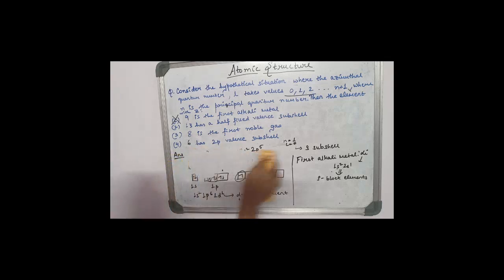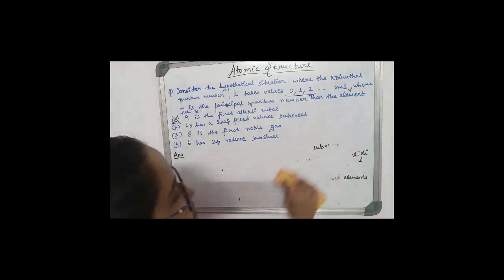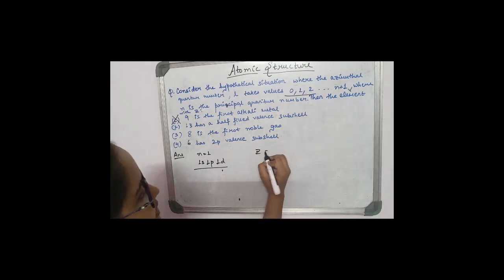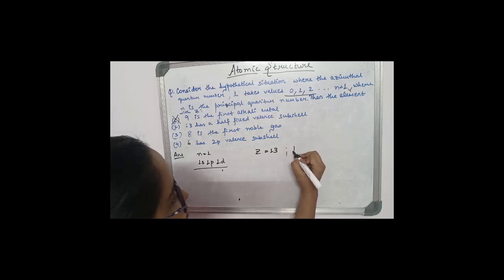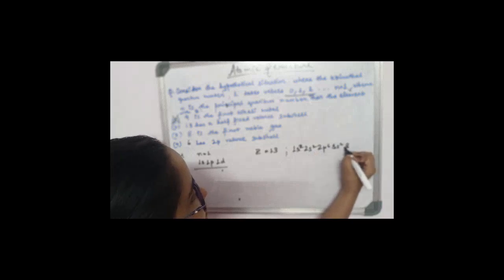So moving on to the next option, 13 has a half-filled valence subshell. So let us find that. In case of n is equal to 1, we have already found out that the configuration is 1s, 1p and 1d. This is how the electronic configuration for n is equal to 1 looks. So in case of Z is equal to 13, how does it look? 1s2, 2s2, 2p6, 3s2, 3p1. That's how Z is equal to 13 looks in the old format.